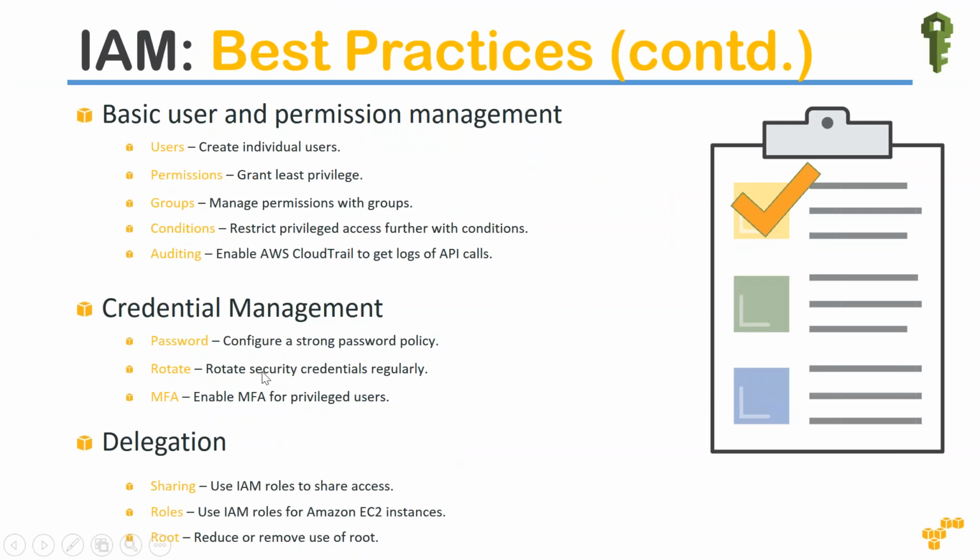And rotation is mandatory, or it is almost a necessity to rotate your credentials quite often. Whether you are using an access key or secret key, it is mandatory to rotate them. And multi-factor authentication is also possible for root accounts and for privileged users.